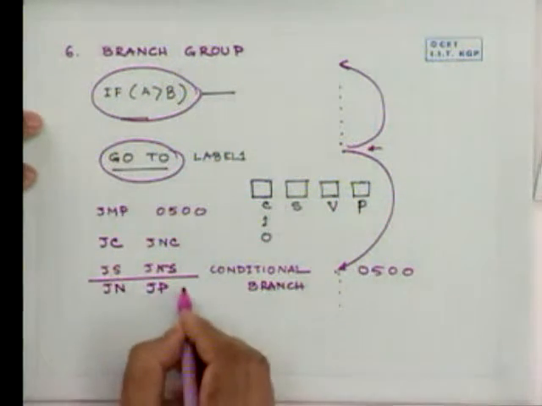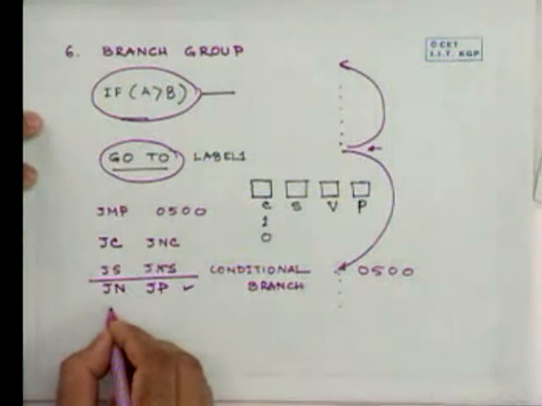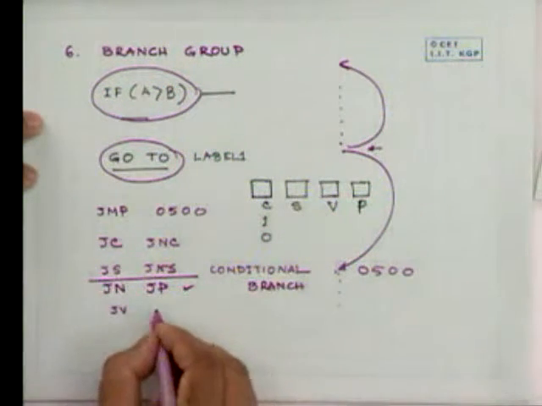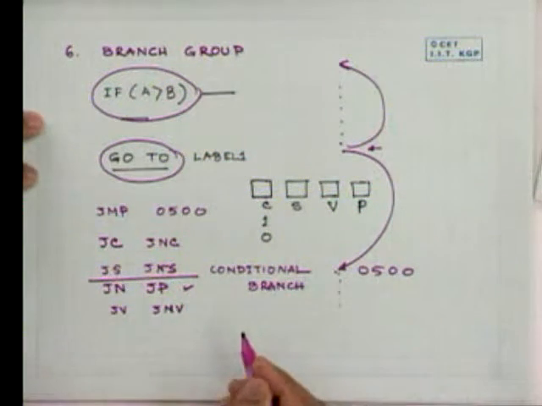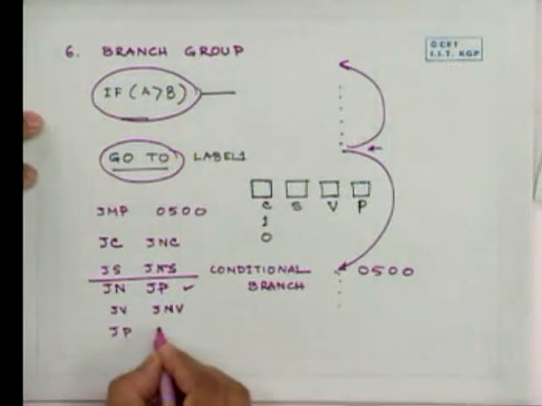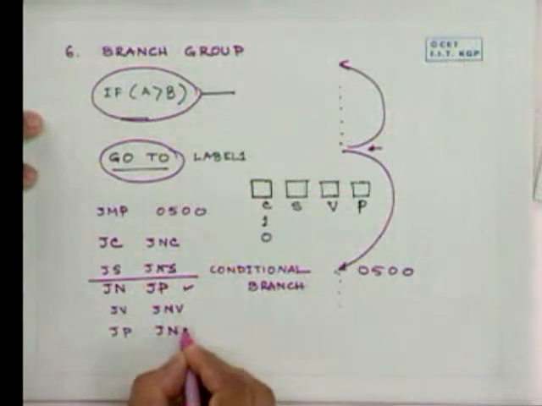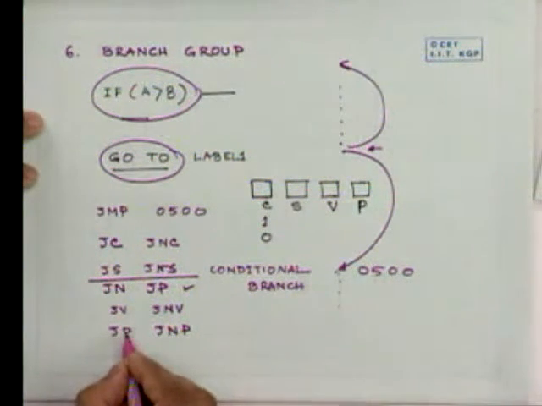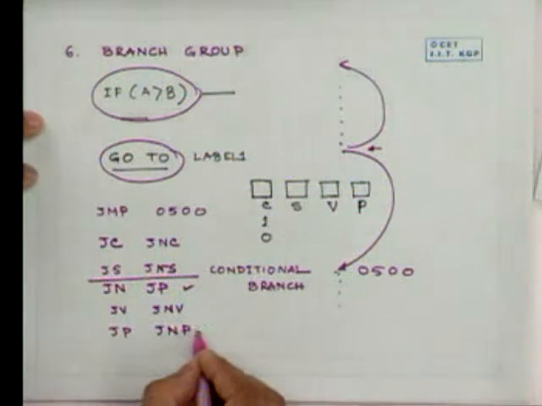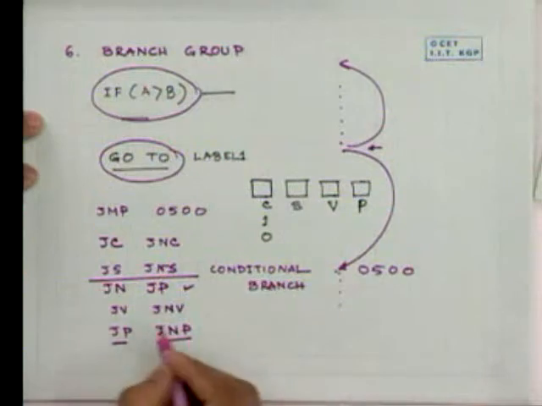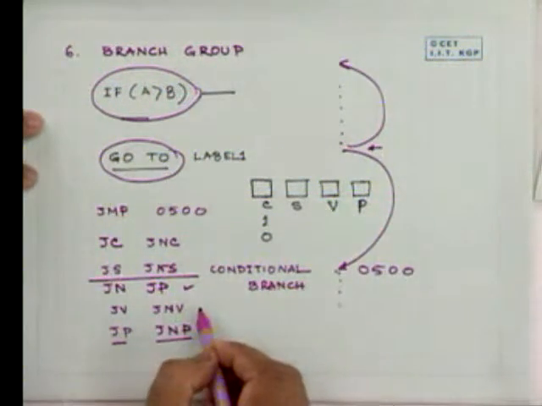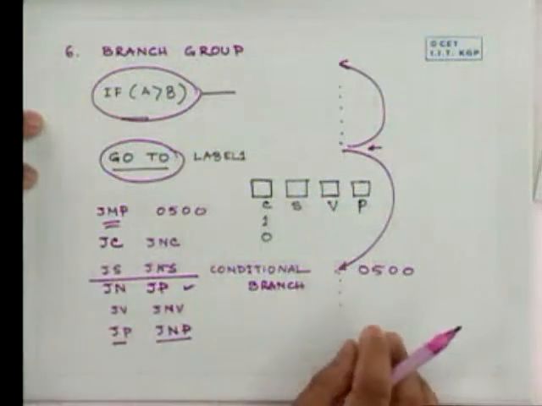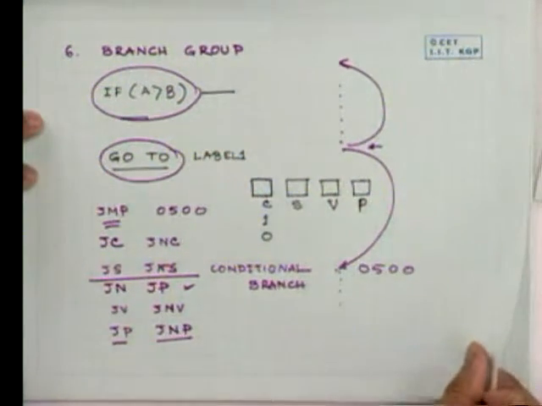Similarly, we can have jump on overflow, jump on non-overflow. Jump on parity, jump on no parity. When parity is even, we call it jump on even parity, and we can call jump on odd parity. Now, these are the conditional jumps or conditional branches. Jump is an unconditional branch instruction.